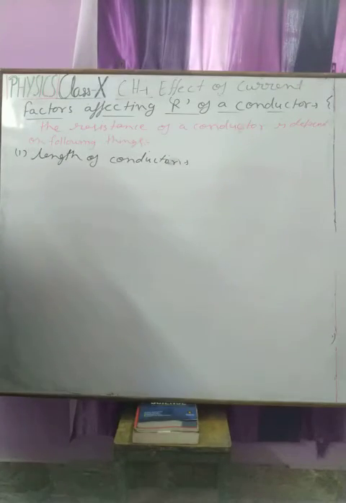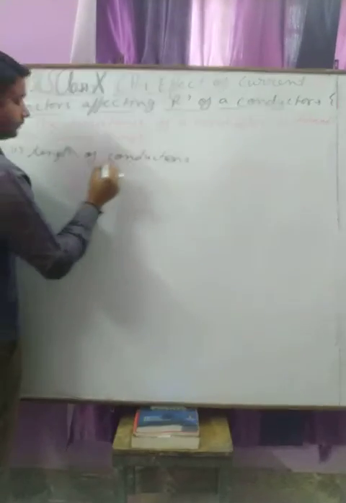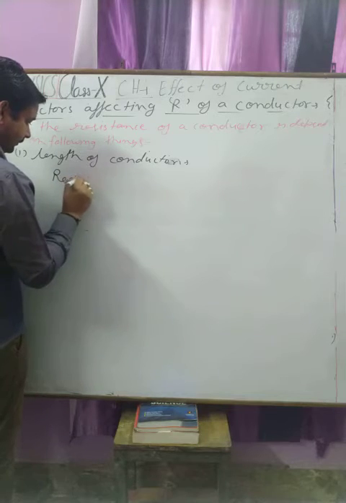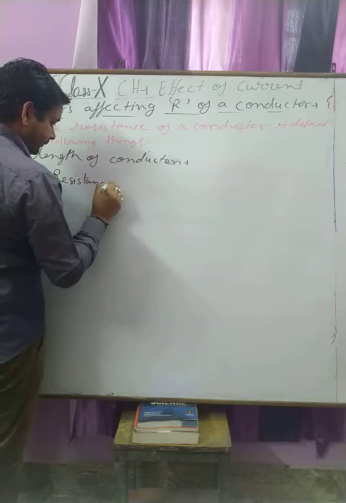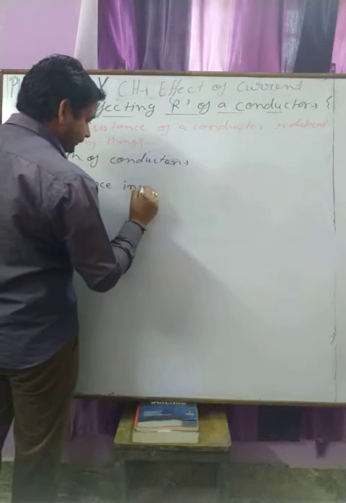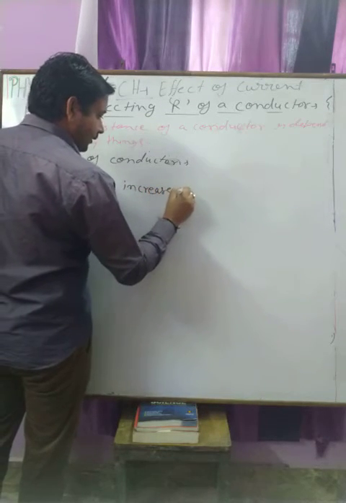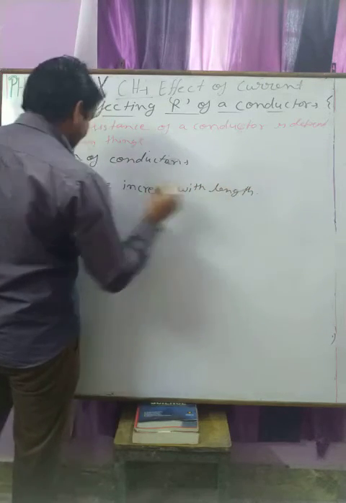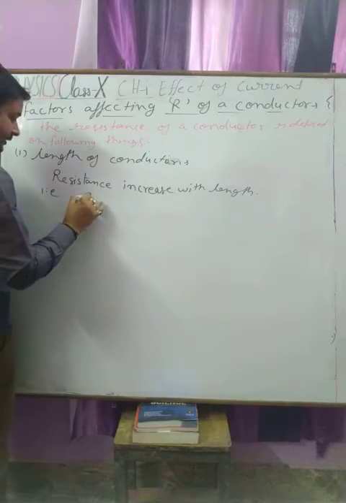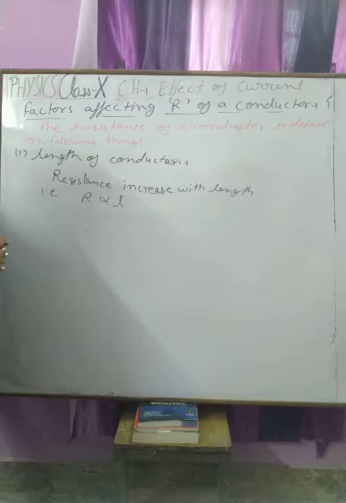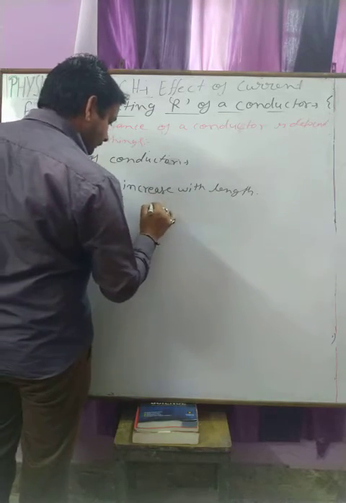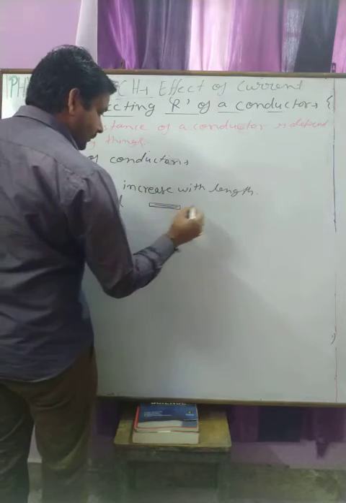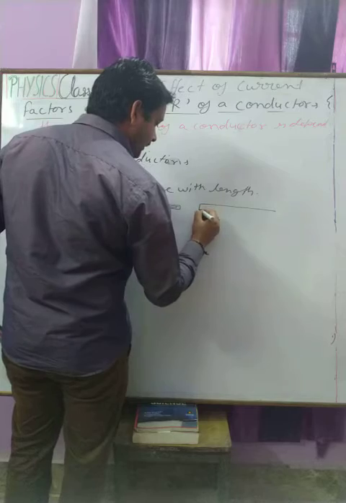It is observed experimentally that resistance increases with length, that is, resistance is directly proportional to the length. Suppose we have a wire of this length and a wire of this length.